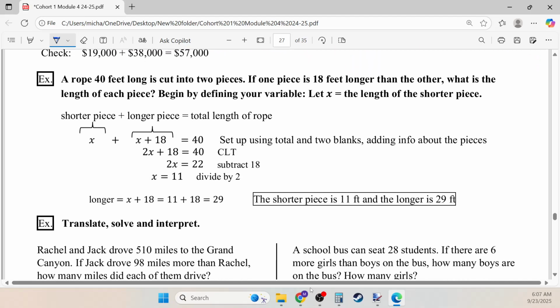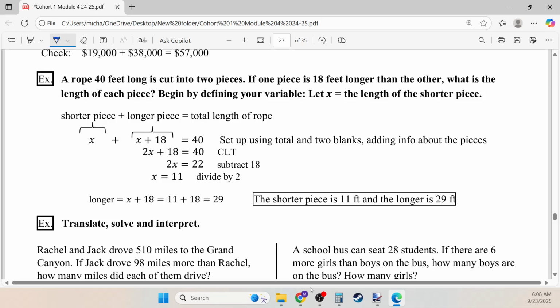We can use it to do all kinds of things that are interesting and important. But again, without being able to translate into and out of the symbolic notation, it's a skill that becomes locked to us. Okay, let's do another one.